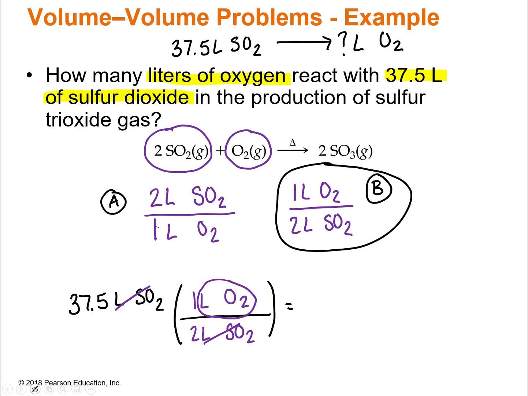In the calculator, you're just doing 37.5 divided by 2. With sig figs, you need 3. You get 18.8. And our units here are liters of oxygen gas.